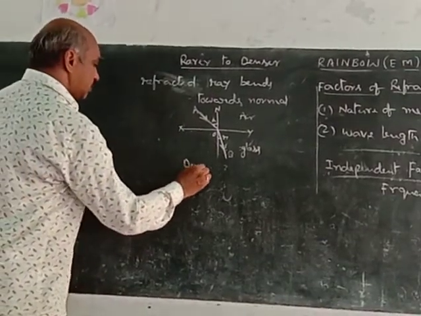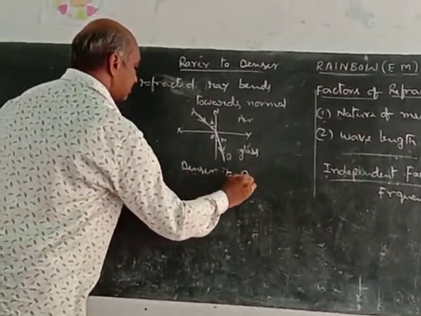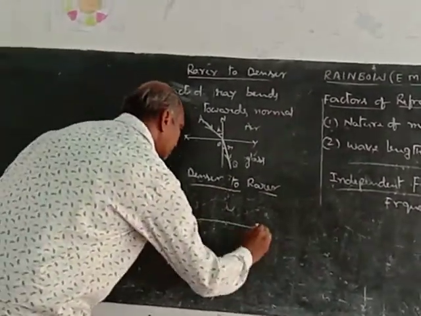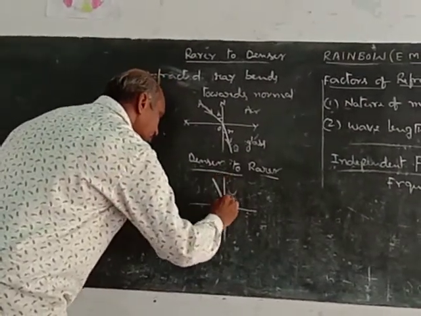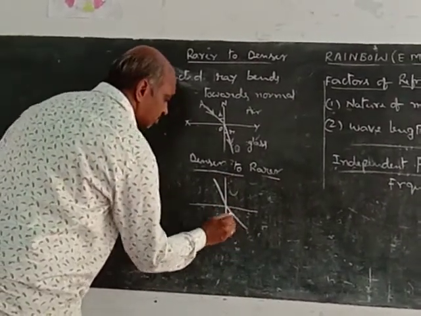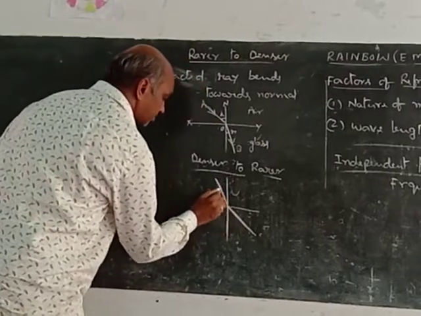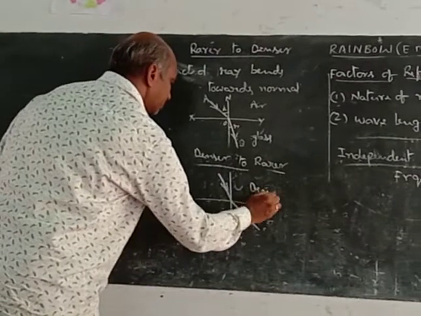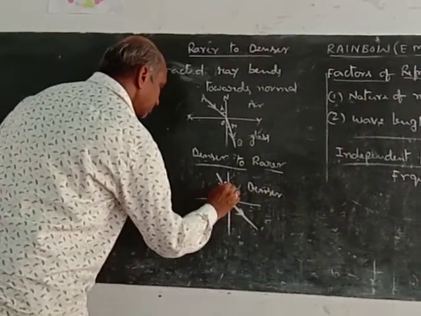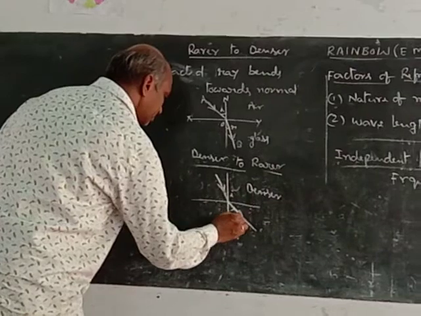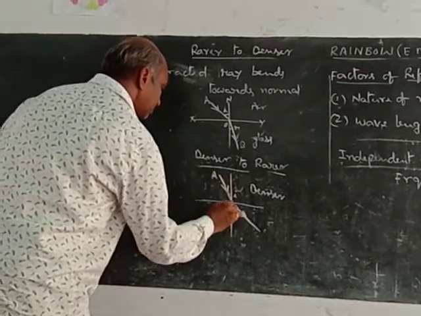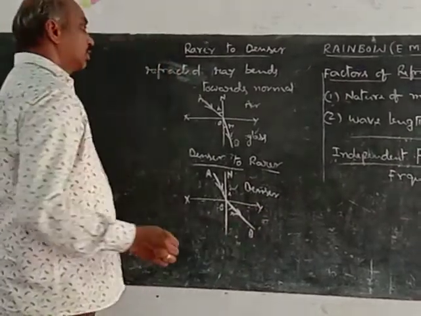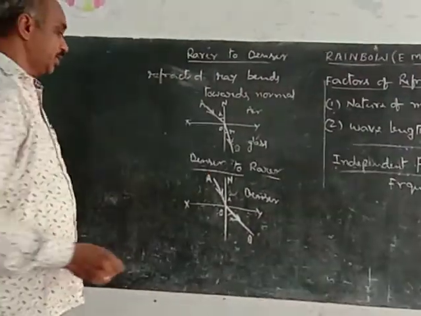Another one is denser to rarer. A light ray travels from denser to rarer medium.